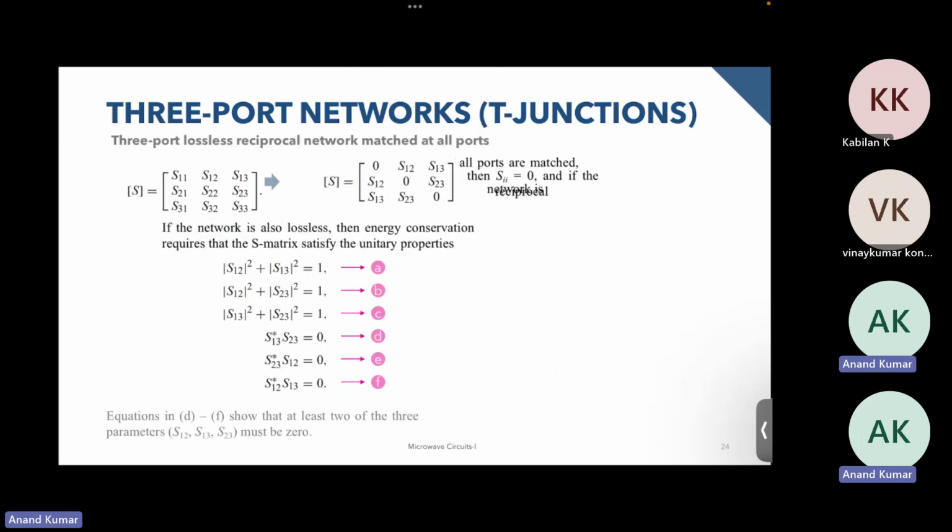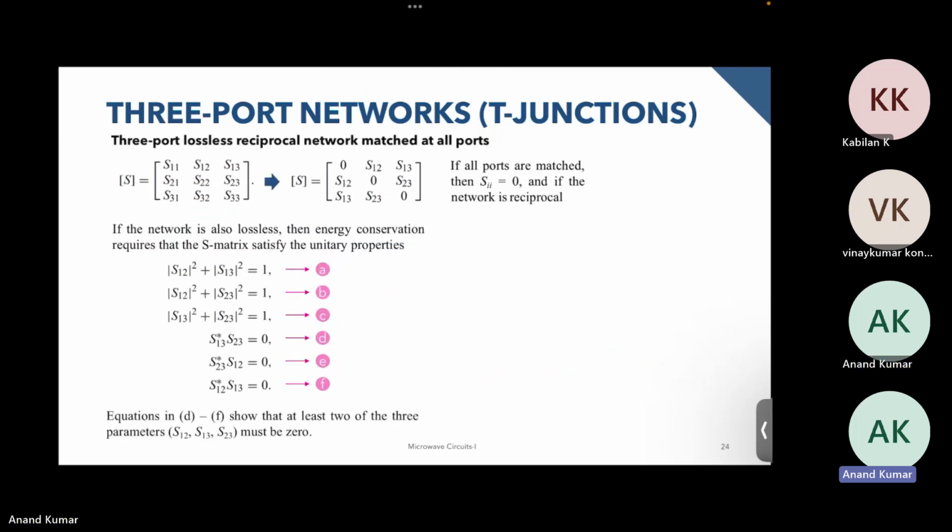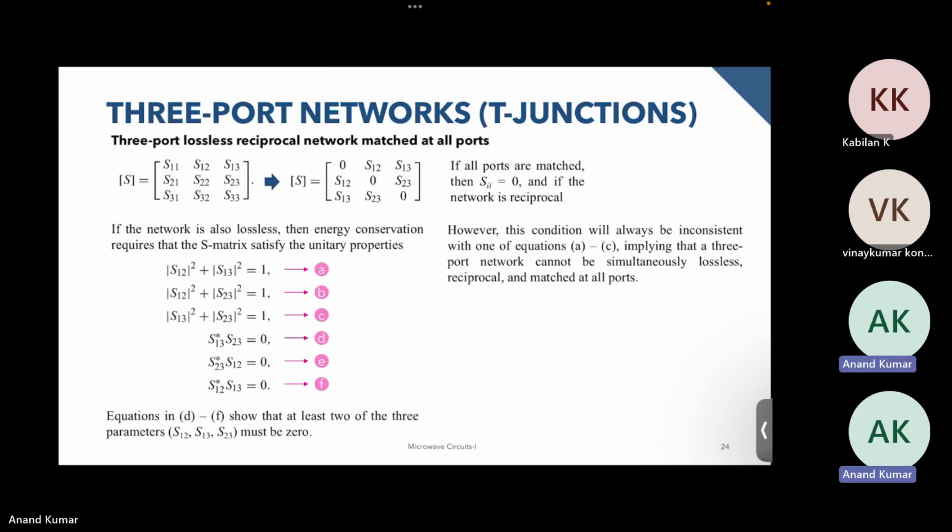And if any two of them is zero, then this won't satisfy the top three conditions. However, this condition will always be inconsistent with one of the equations from A to C, implying that this three-port network cannot be simultaneously lossless, reciprocal, and matched. So this was because it is matched at all ports, and this came in because it is lossless.